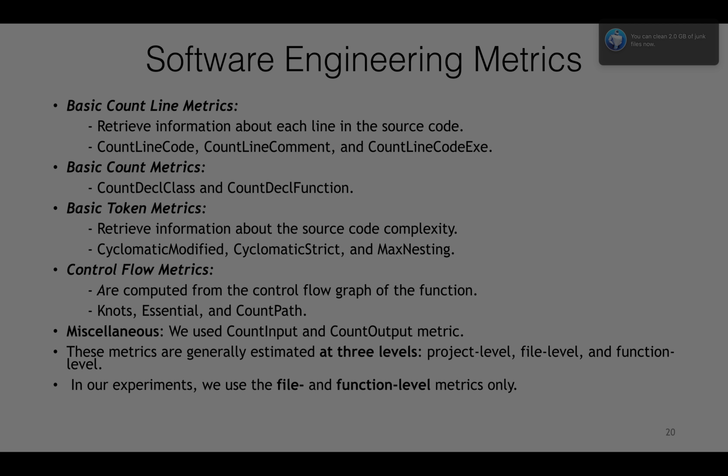In this research, we estimate the value of software engineering metrics at file and function level. To do that, Understand static tool had been used in order to compute the value for the basic count line metric, basic count metric, basic token metric, and control flow metric.